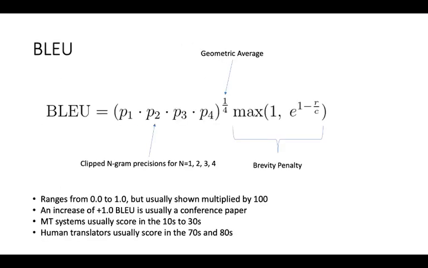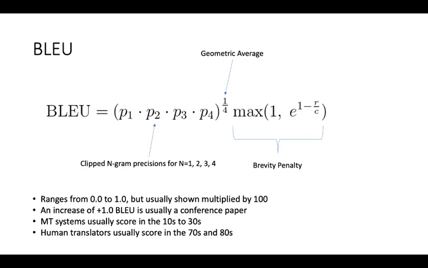This metric ranges from 0 to 1, and usually in papers we scale it by 100. We usually find that an MT system can have a score between 10 and 30, but a human translator can have a score of 70 or even 80.